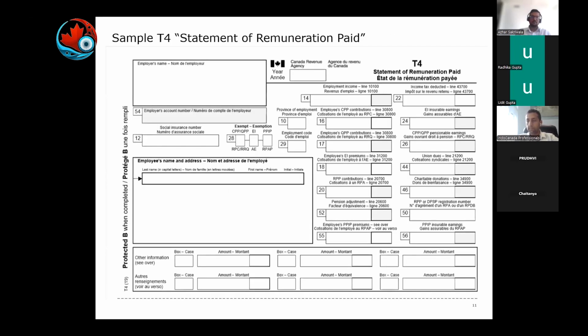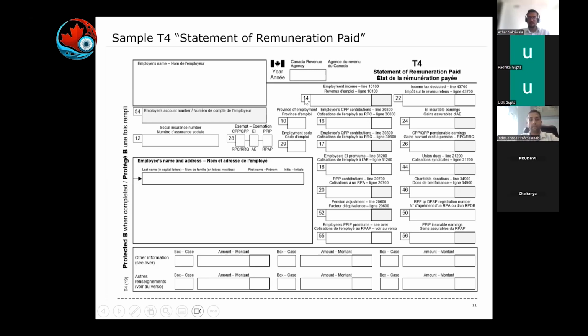So this is a sample of the T4 slip. As you can see, there are boxes for different kinds of income, and there are numbers associated with the different boxes. What these numbers help with is, if you do not have an understanding of how you need to file your return, and you're filing the return for the first time, and you do not know where you need to report these amounts in your tax return, all you need to do is follow these box numbers.